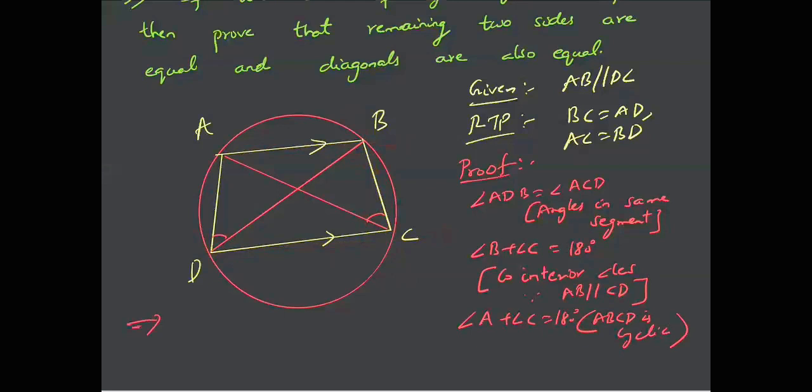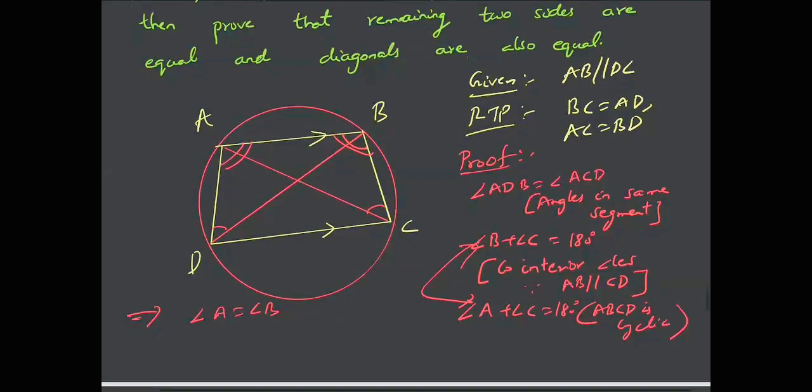So this implies that angle A is equal to angle B. These two angles are equal. That is, this angle is equal to this angle. So now if you see these two triangles, that is triangle ABD and triangle ABC, you can see that these two are congruent because these two angles are equal, and AB is the common side.